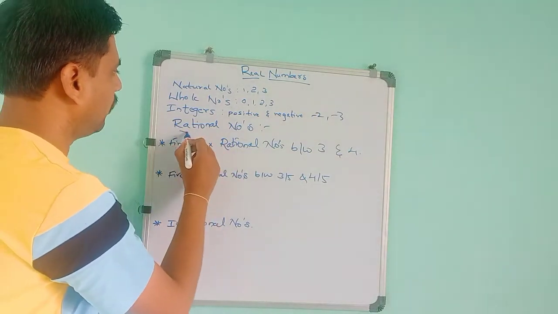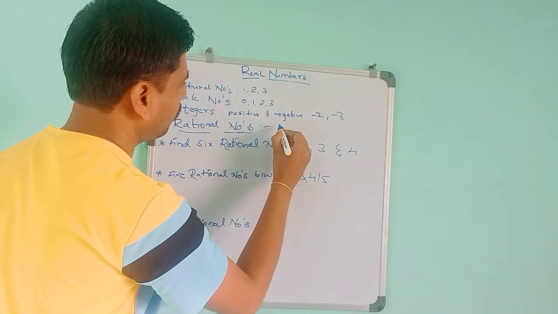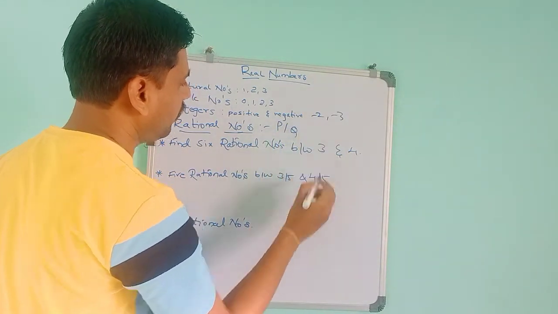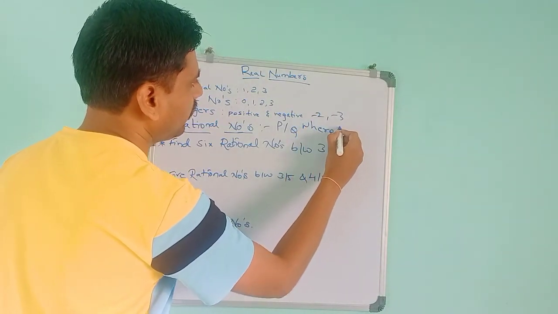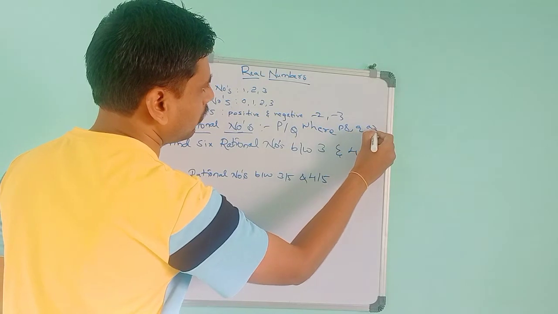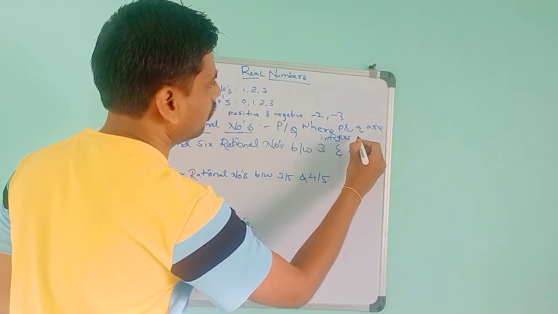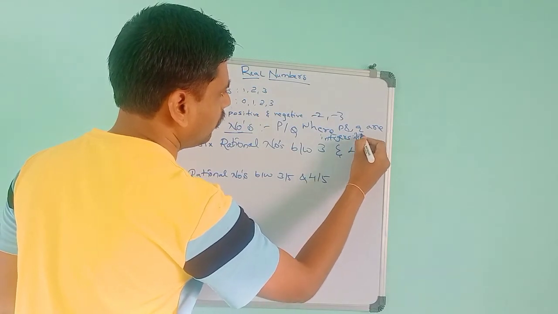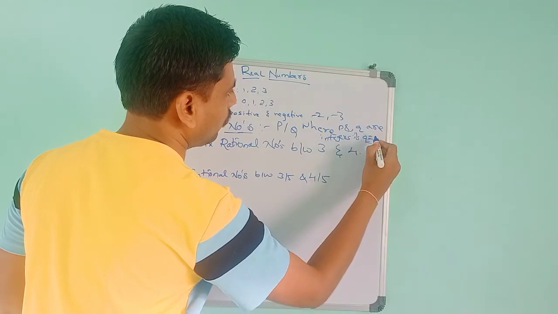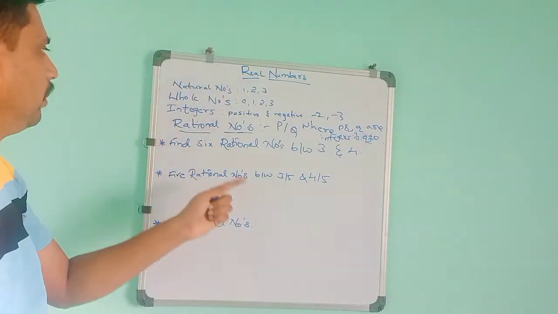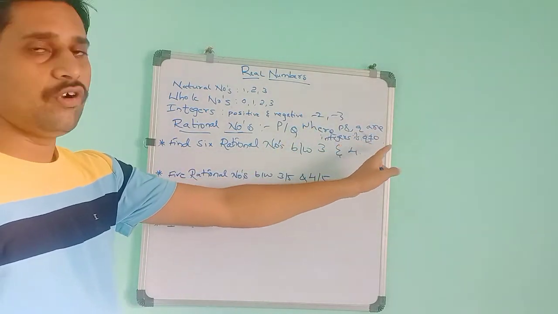Then come to the rational number. Important. The rational number is a number which is expressed in the form of p by q, where p and q are integers, and q is not equal to 0.